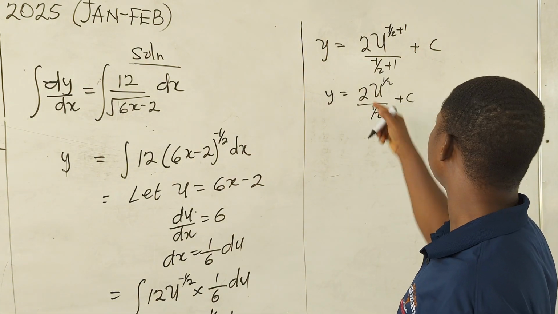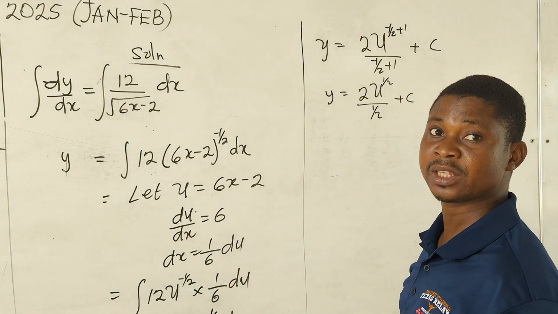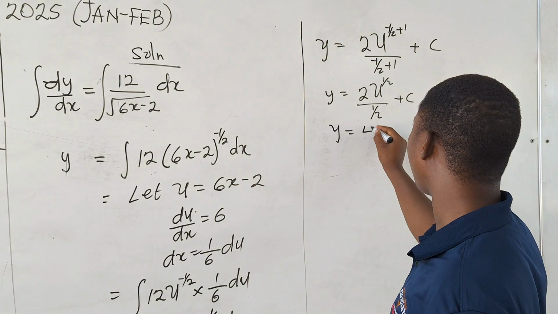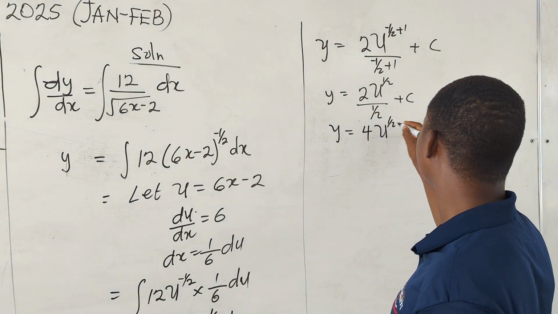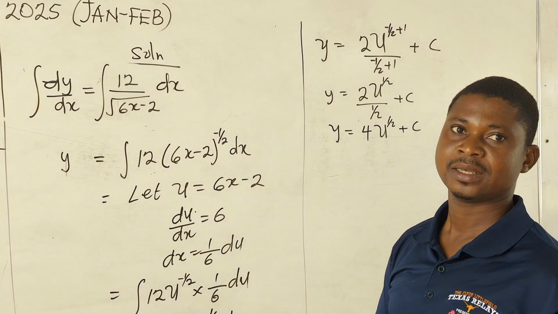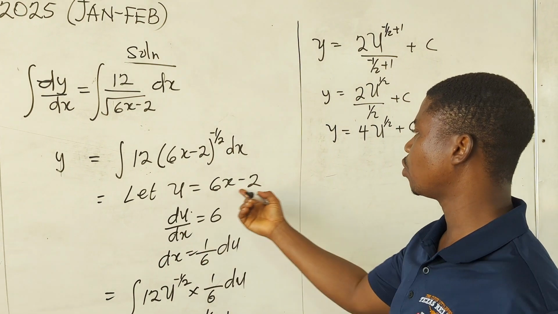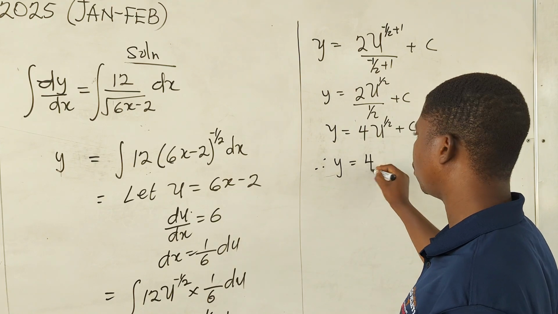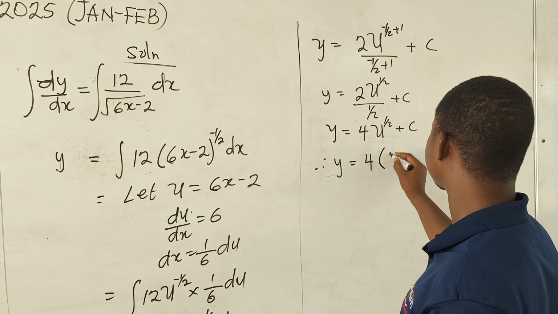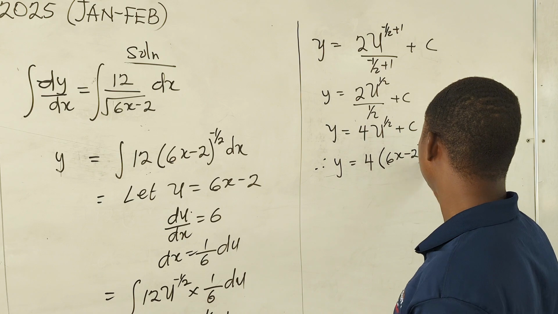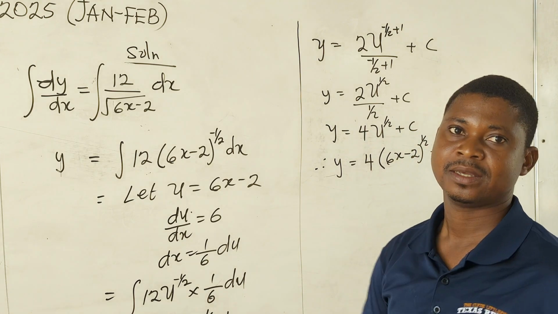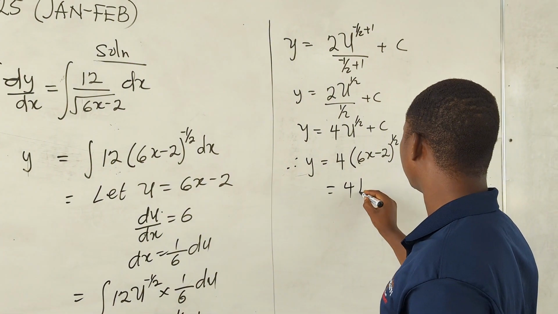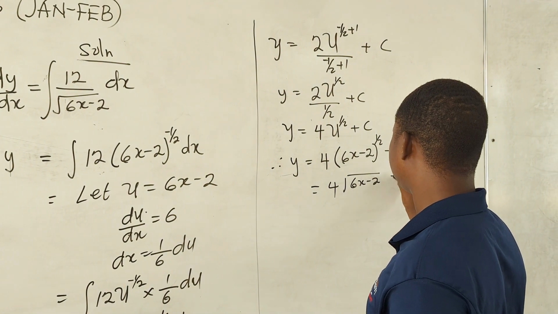Because it's over half, we reciprocate and multiply to get 4. So y is equal to 4u to the power half plus c. And we said u was equal to 6x minus 2. Therefore y is equal to 4 into bracket 6x minus 2 to the power half plus c, which can also be written as 4 root 6x minus 2 plus c.